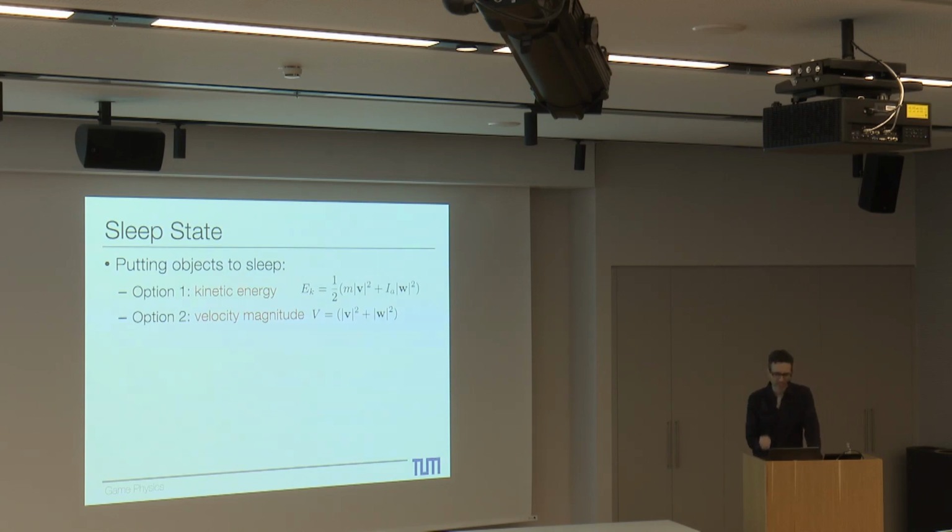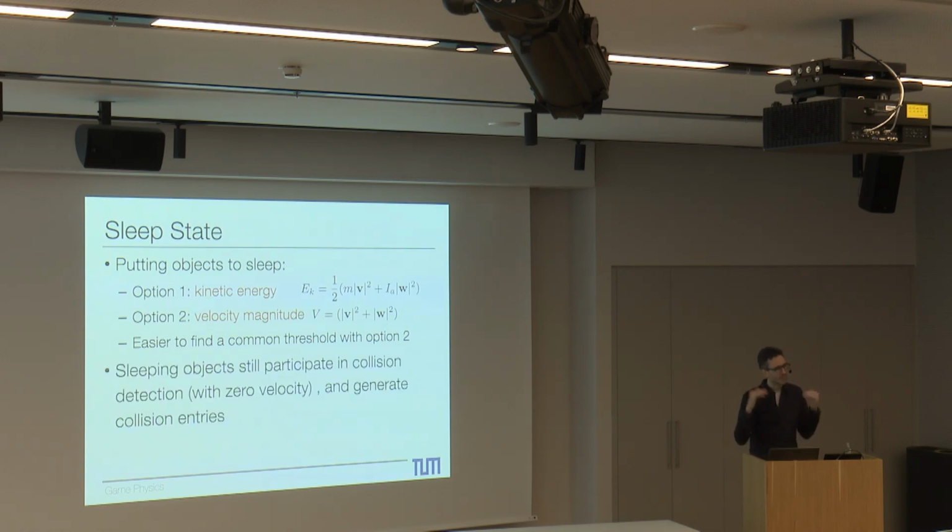So what's easier to handle is actually not take this mass weighting into account, but just look at the velocity magnitude. It's a bit less physical, but as you can see, it's closely related. Just removes the mass scaling. And this is often easier to find thresholds for in practice.